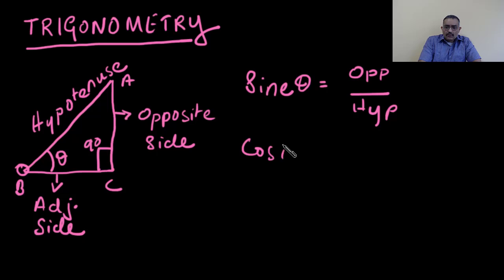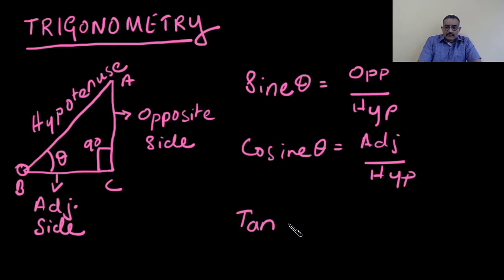Cos or cosine of this angle theta is this adjacent side by hypotenuse, and tangent or tan theta would be opposite side by adjacent side.